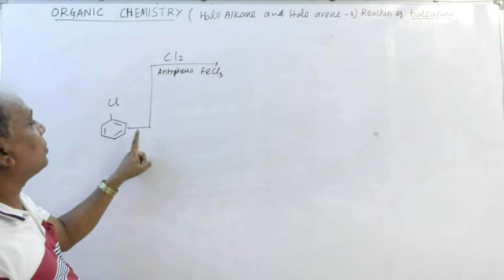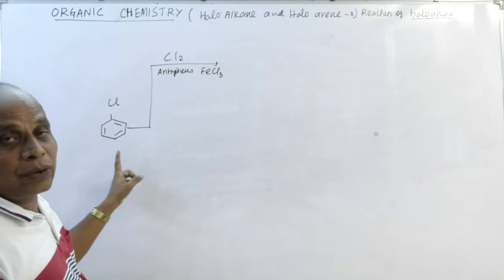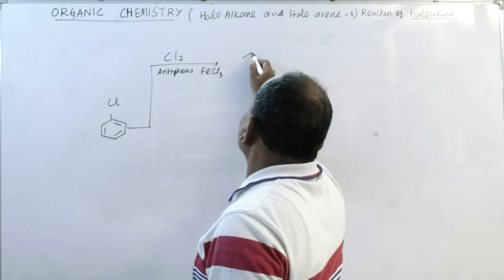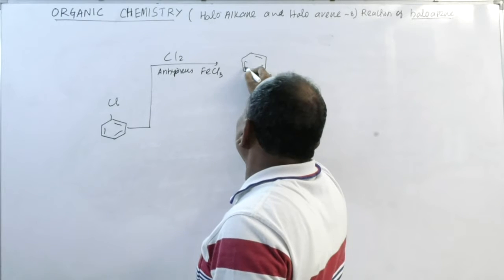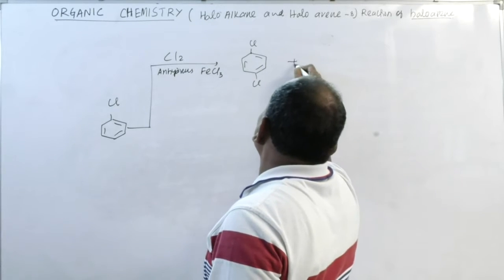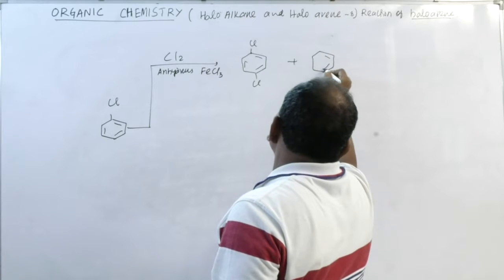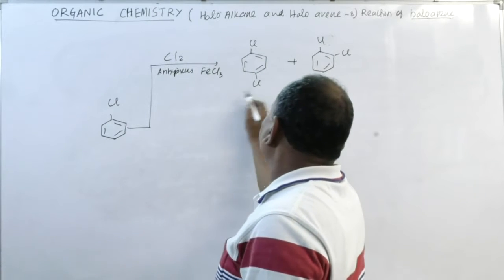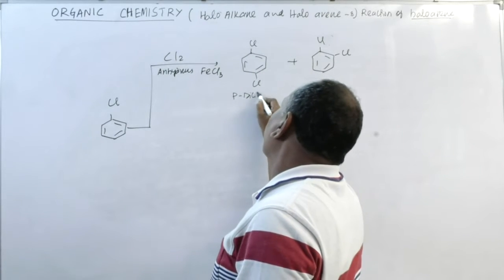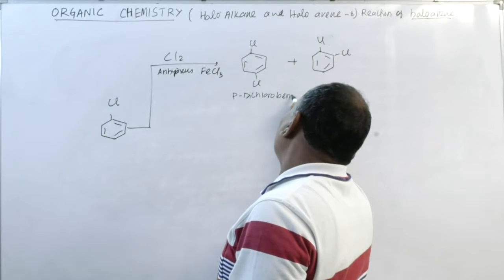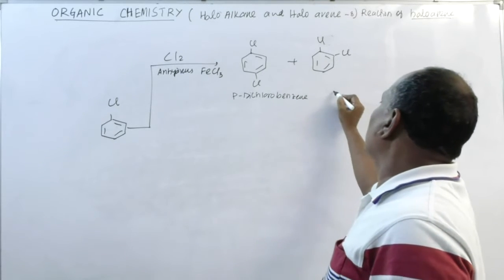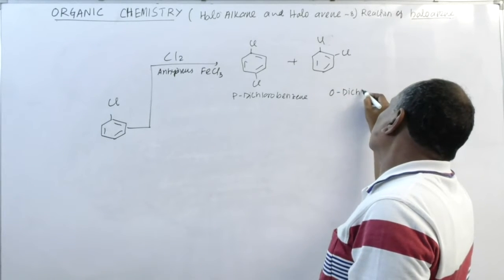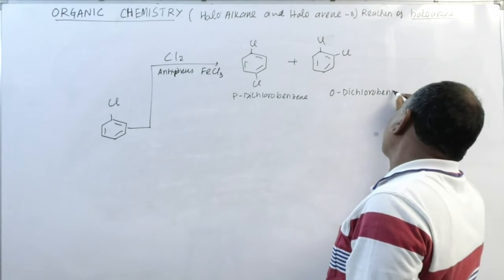This Cl plus ion substitutes at the ortho and para positions. One isomer is the ortho isomer, another isomer is the para isomer, and this gives another Cl. This one is known as para dichlorobenzene, and this one is called ortho dichlorobenzene.